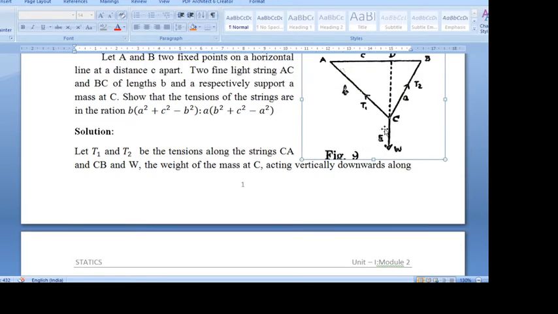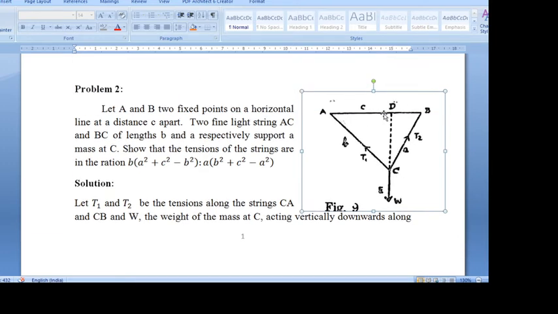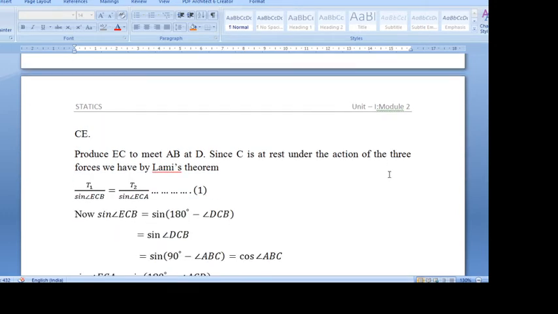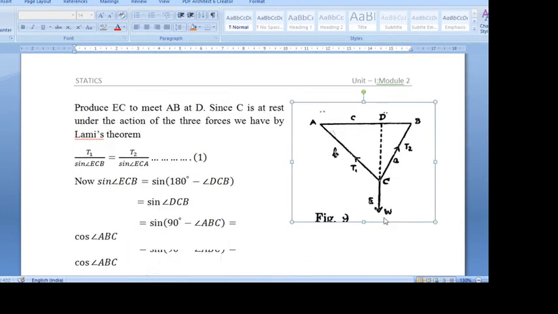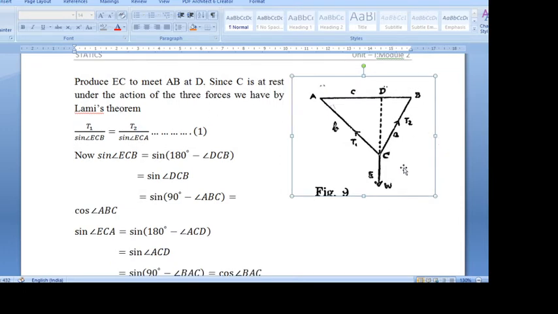Now extend EC to AB, meeting it at D. But C is at rest, because after some time the weight pulling down the two strings will be at rest.